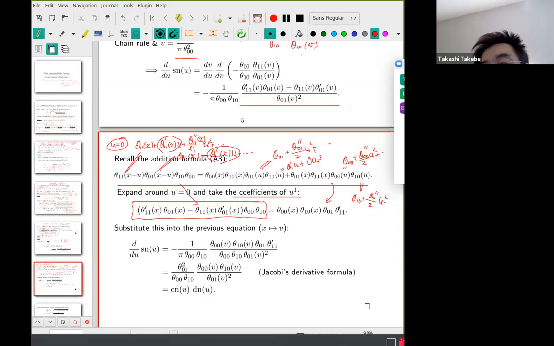So it does not have a linear order, first order term. So this term comes only from here.